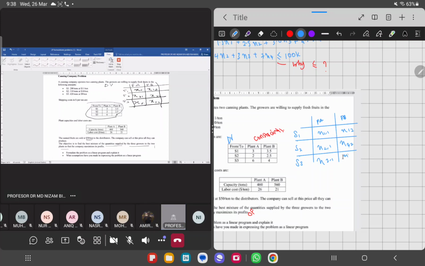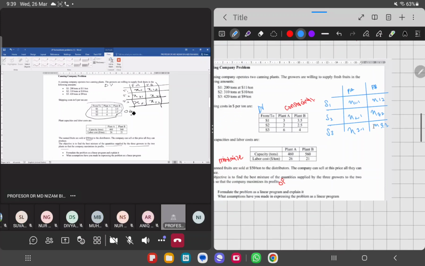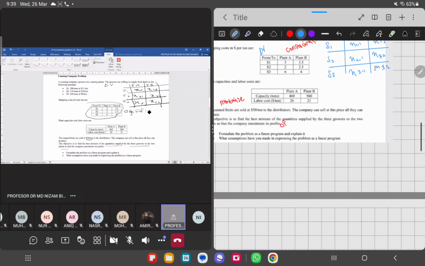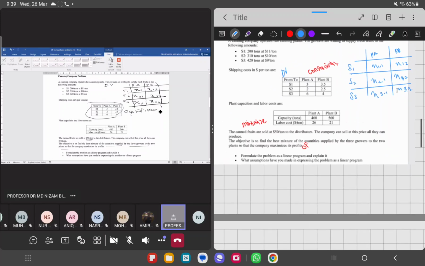Any questions? No. Right. So what's my objective function? Maximize profit. So my objective function is to maximize profit.